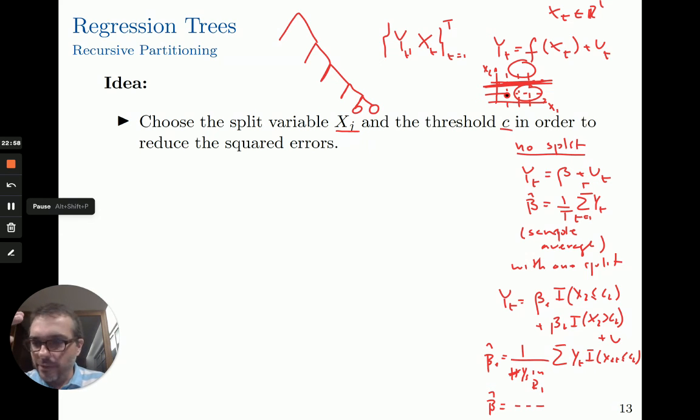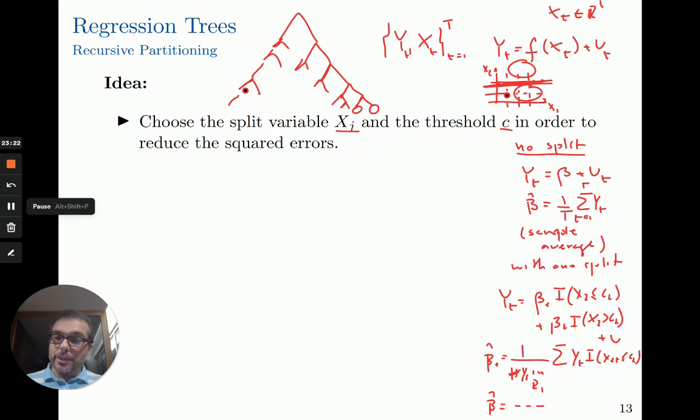That is a definition we make, a hyperparameter. Say if we have fewer than 5 observations in each region, we stop the procedure. After we finish here, we continue growing here, and then here, and then there, and we have a fully grown tree.